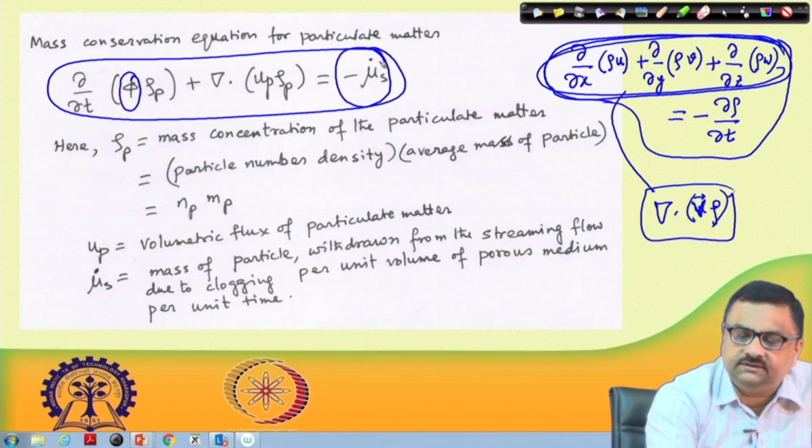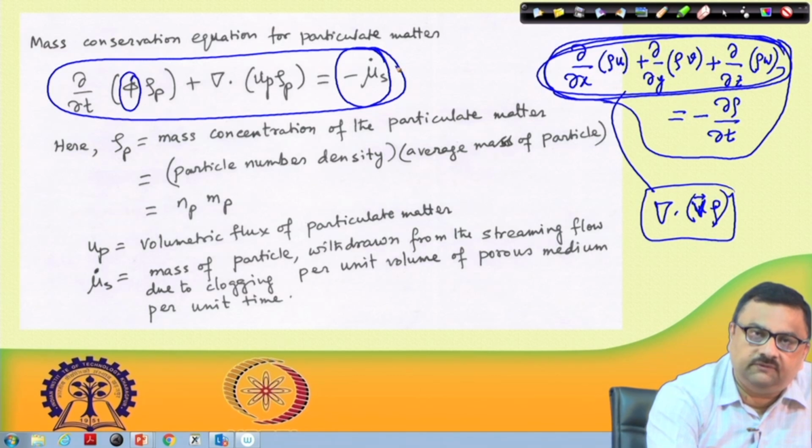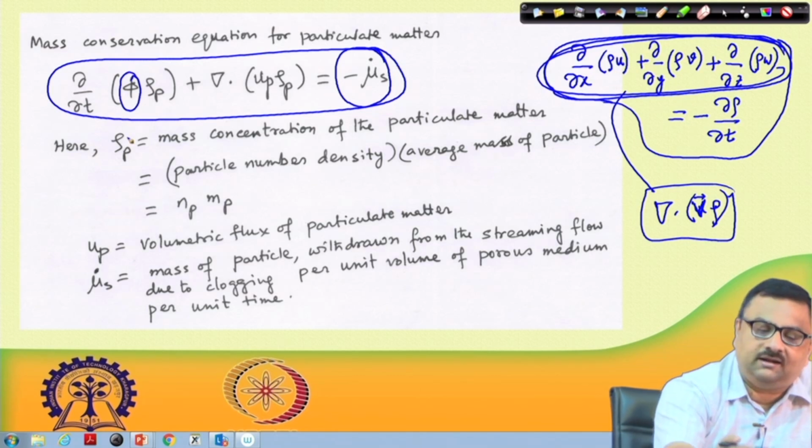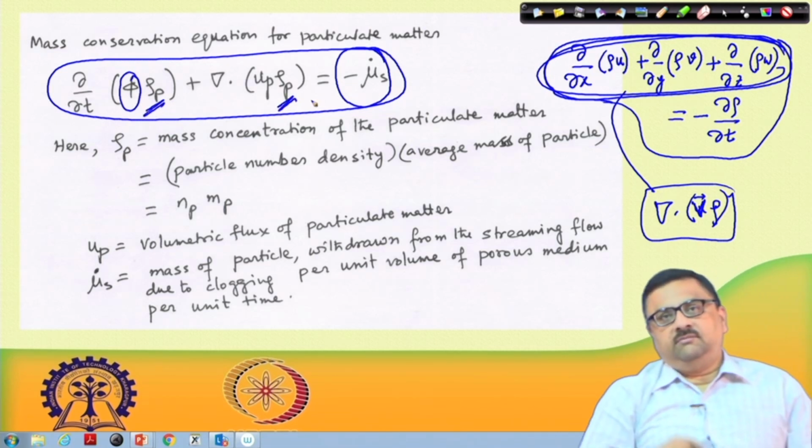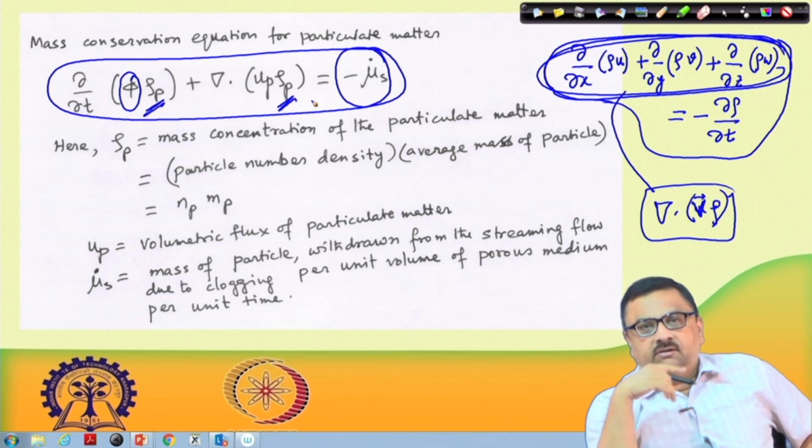So, we were going to write this form of equation, and then we are writing another separate equation for the fluid, but this is only for the particle, because this is for the rho particle. So, we will build on this further.